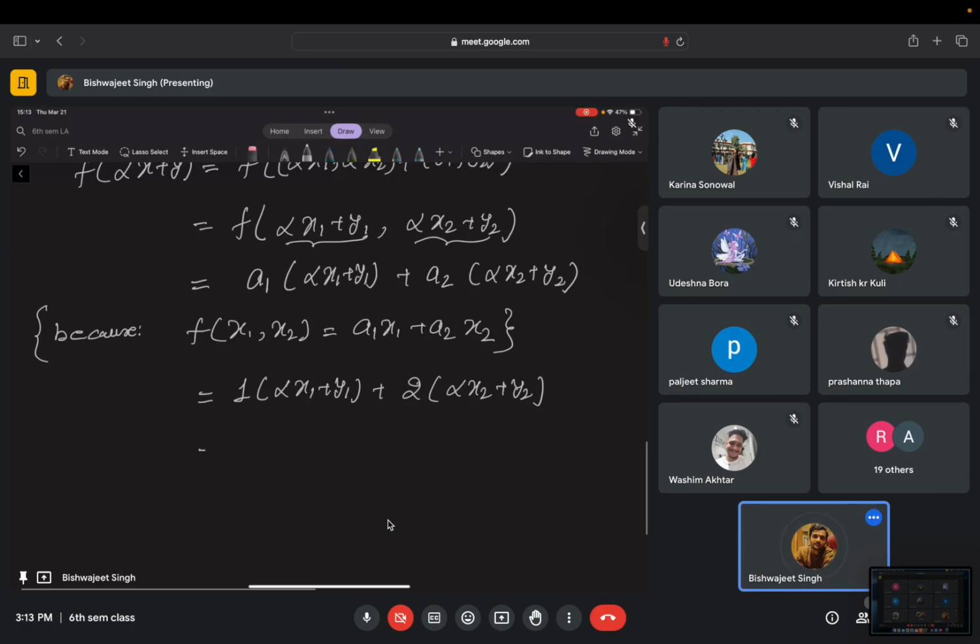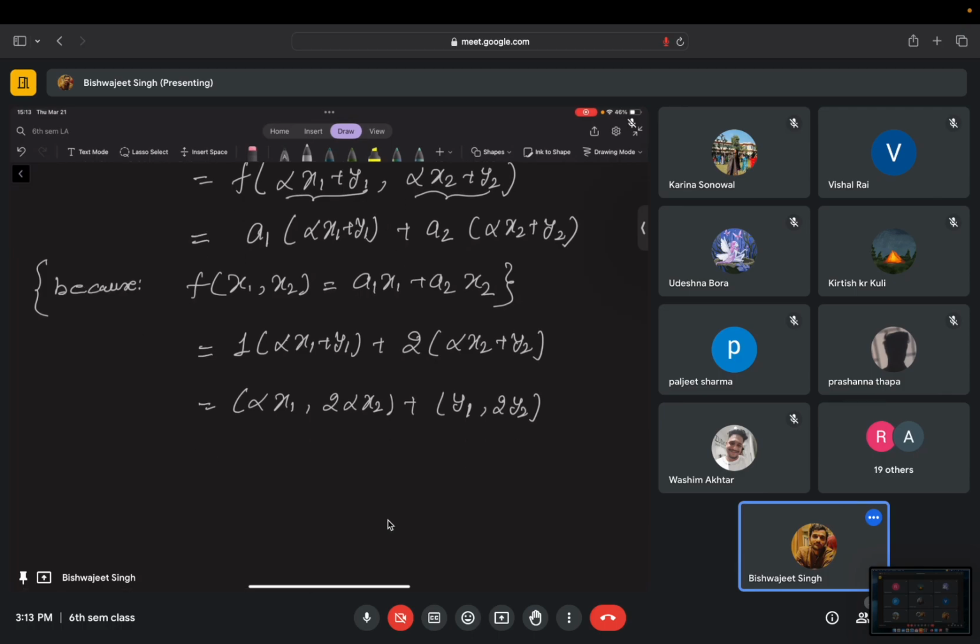Now I can write it in a different way. I can write alpha x1 plus 2 alpha x2, plus y1 plus 2 y2. Now if I take alpha common, I'll get 1 times x1 plus 2 times x2.